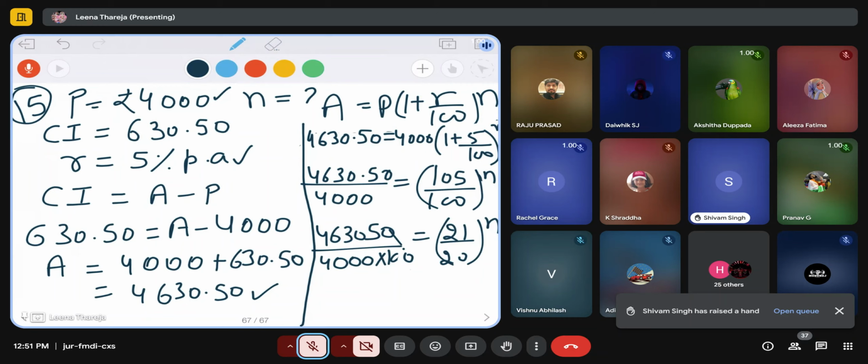You can cancel by the table of 5. 5 9s are 45, 5 2s are 10, and so on. If you cancel, 5 8s are 40 into 10 will be 8,000. And 9261 is the cube of 21. First day I think I have used 21 into 21 into 21.